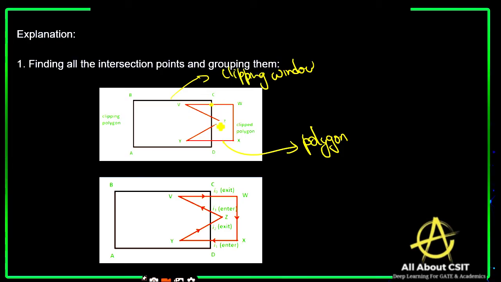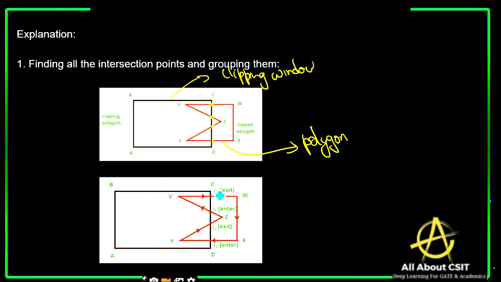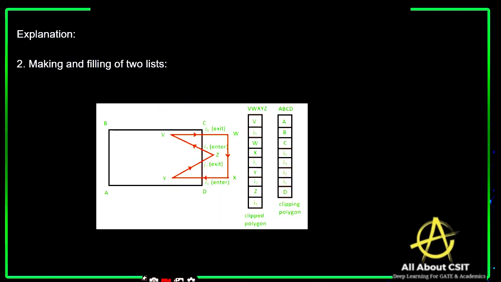This is the clipping window, and this is a polygon. Finding the intersection points, there are four: I0, I1, I2 and I3. Here I0 is exiting, I1 is entering, I2 is exiting, and I3 is entering. So this is step 1: first find the intersection points and group them.